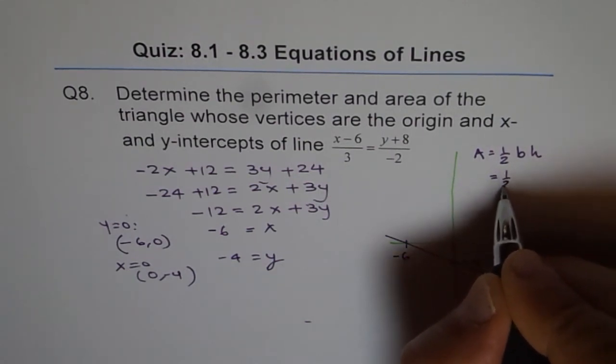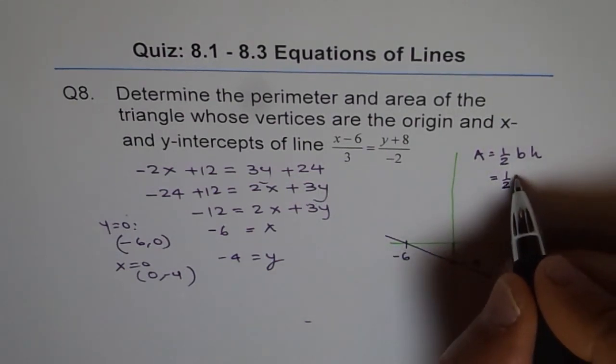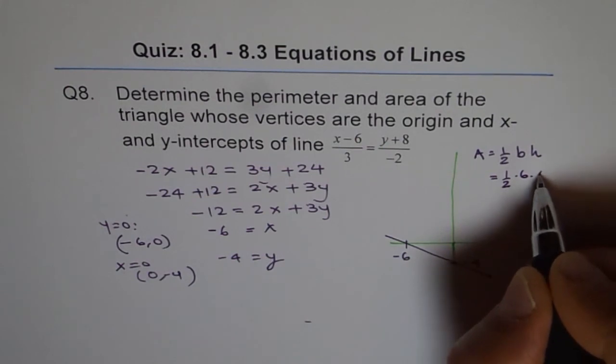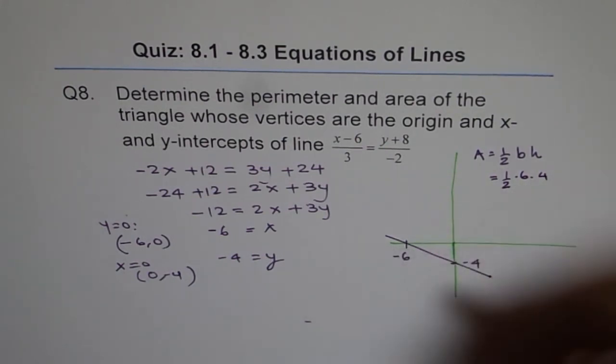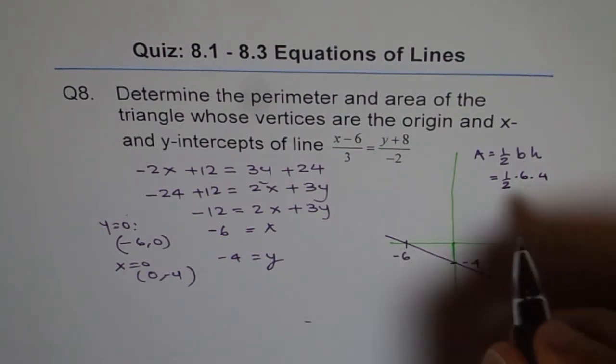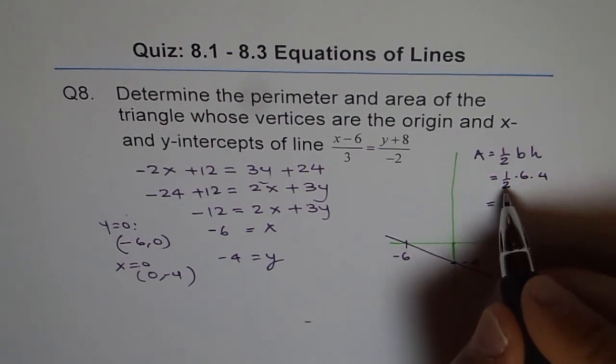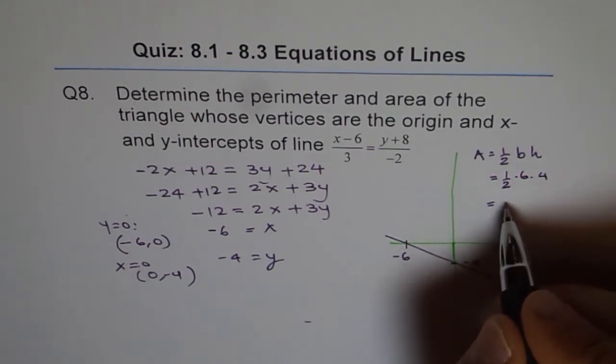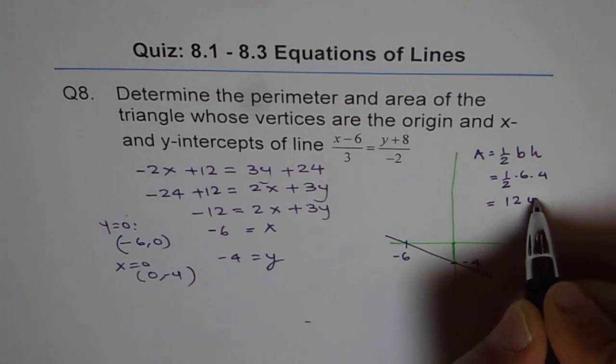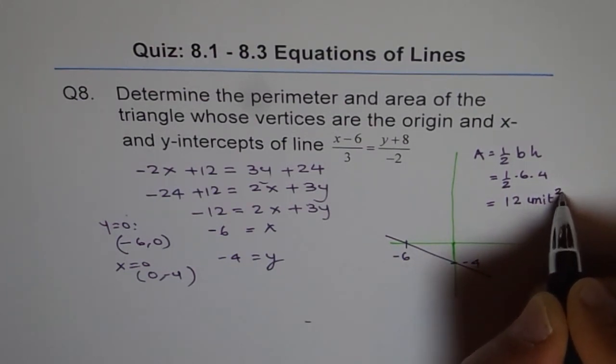So area is half times 6 times minus 4, which will be taken positive because dimensions are always positive. So we get 6 times 4, 24, divided by 2 is 12 unit square, whatever the unit is.